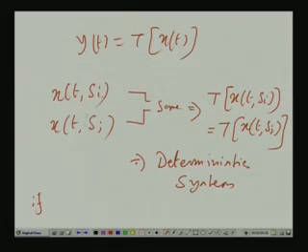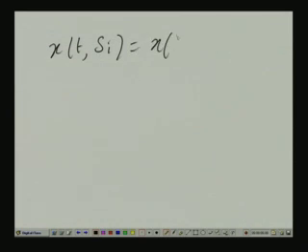So, in that case the system is called a stochastic system. Suppose that for two outcomes S i and S j, the two waveforms turn out to be the same.